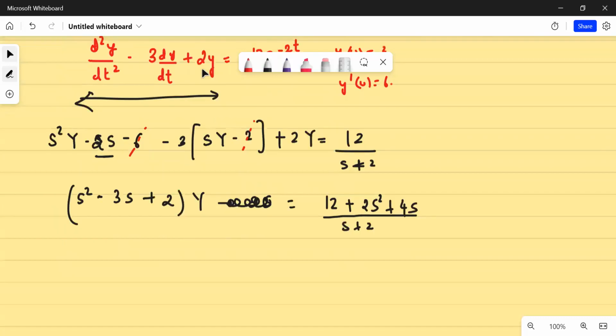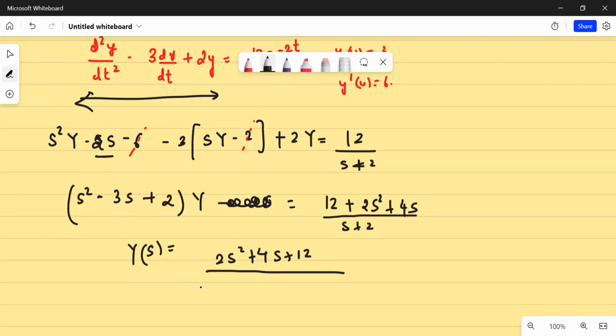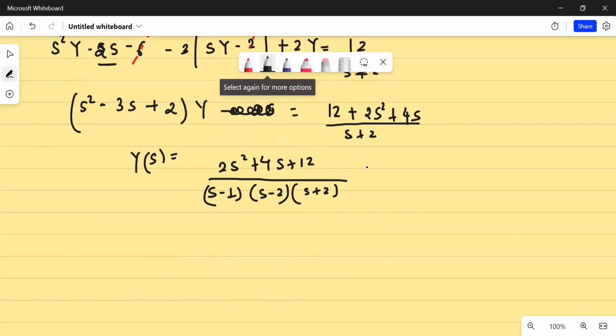Okay, now if you want to solve it, Y of s would be simply 2s square plus 4s plus 12 upon, this is what? This is, I think, s minus 1 into s minus 2 into s plus 2. And now what you can do, you can use partial fractions and then you can find what is Y(s).